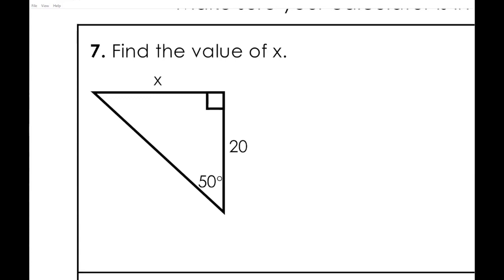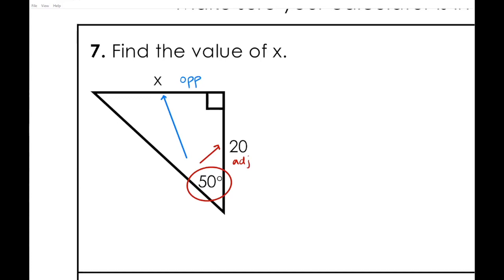Looking at our given angle of 50, 20 is adjacent. It's the one next to it, but it's not the hypotenuse. And x is our opposite. It's across from it, not touching it, definitely not the hypotenuse because it's not across from the 90.